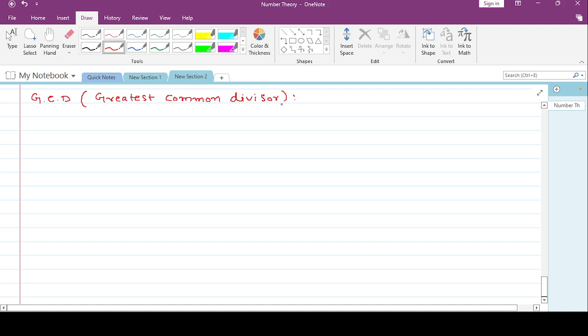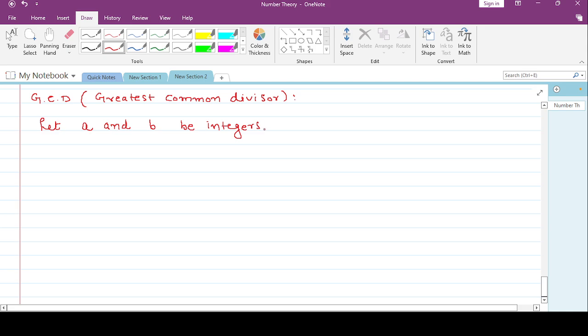Greatest common divisor. So what is greatest common divisor? Suppose that you take two numbers. Let A and B be integers.